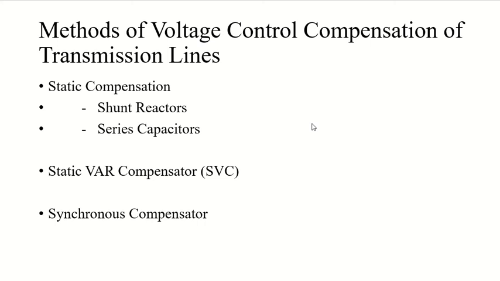If that doesn't happen, then the system voltage at some of the buses will become higher than the nominal voltage. This additional equipment which we are using for absorption of additional VARs, we will call reactive power compensation equipment or reactive power compensation devices, right?